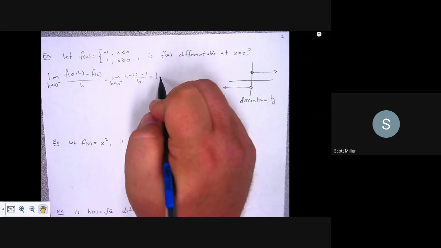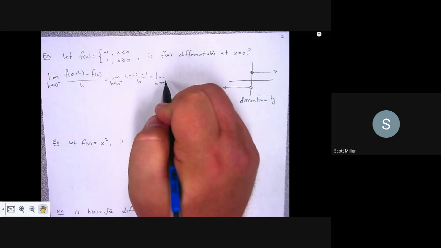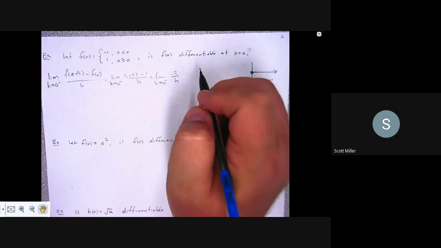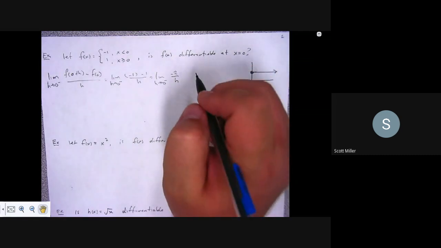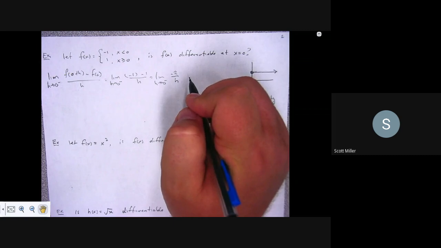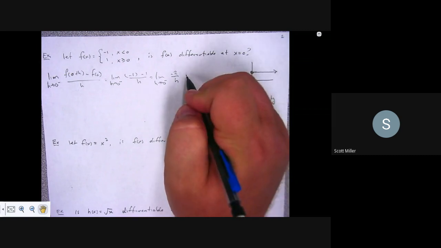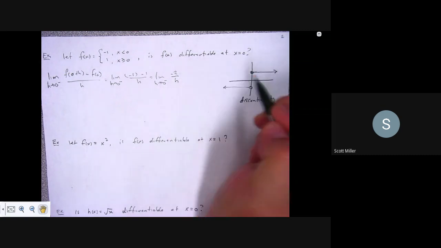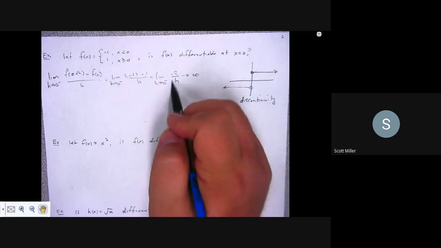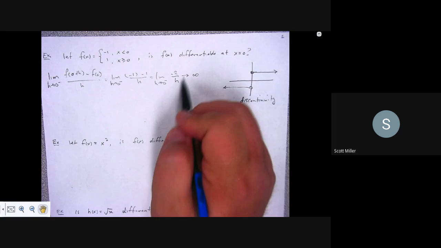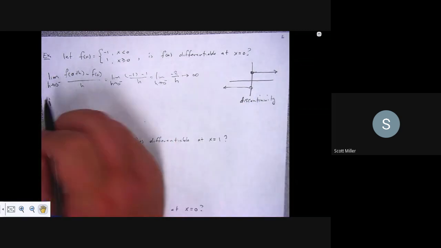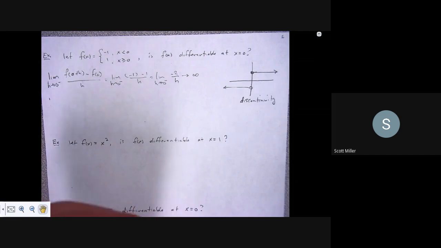So this is going to be the limit as h approaches 0 from the left of -2 over h. And so this is basically going to infinity. As this gets closer to 0, this is getting bigger and bigger and bigger. It's going to infinity. What's the limit on the other side?